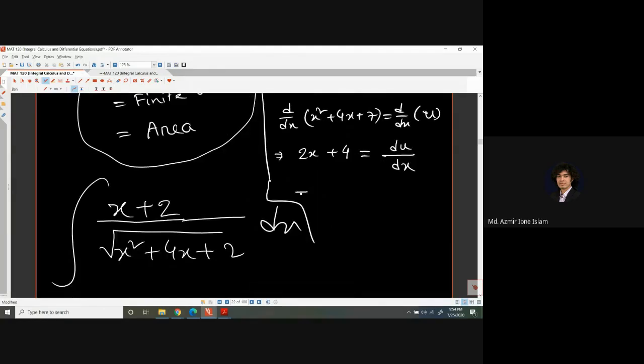From this part we can factor out 2, that means 2 times x plus 2 is equal to 2x plus 4, which is equal to du dx. So the final step, step 3, says that we need to keep the x terms and dx terms on the left side, and on the right side du and constant terms. Here we have the constant 2, on the right side it will be 1 by 2.